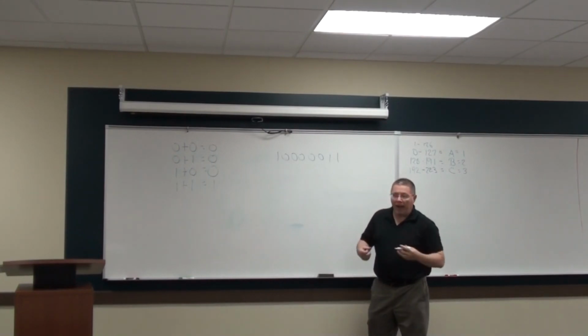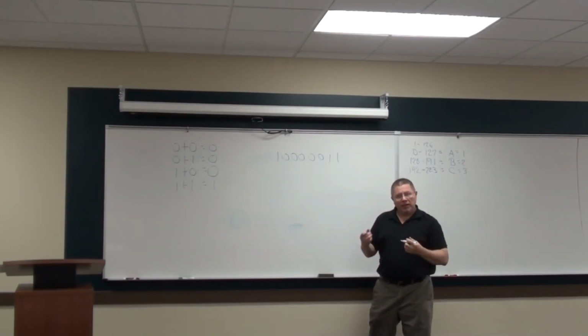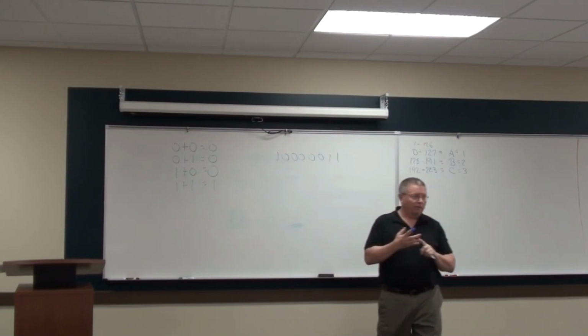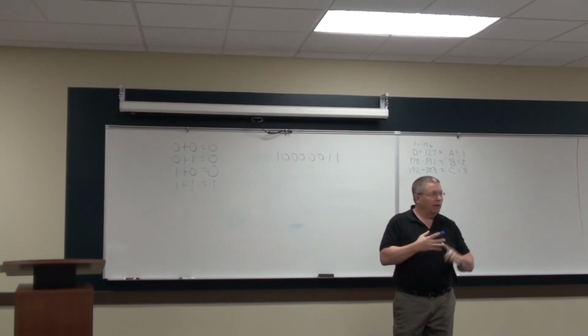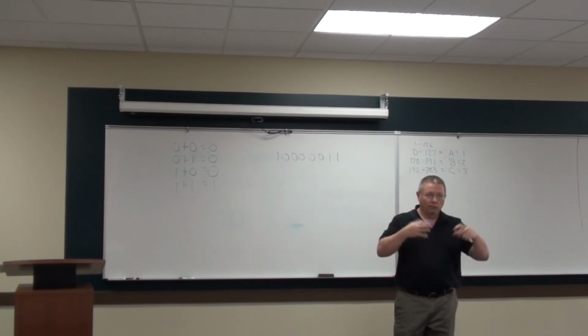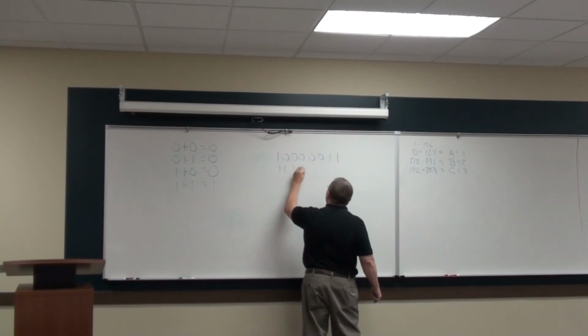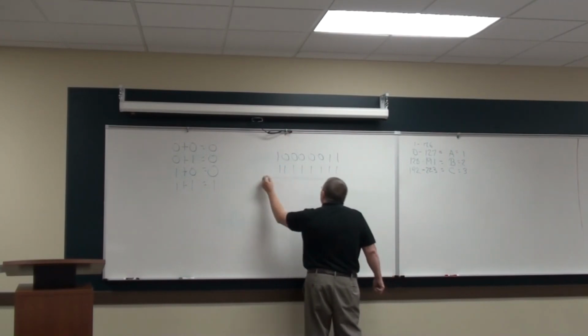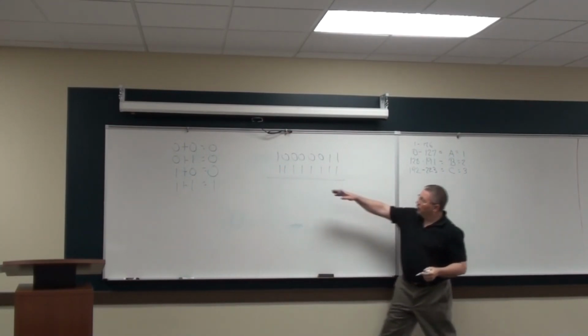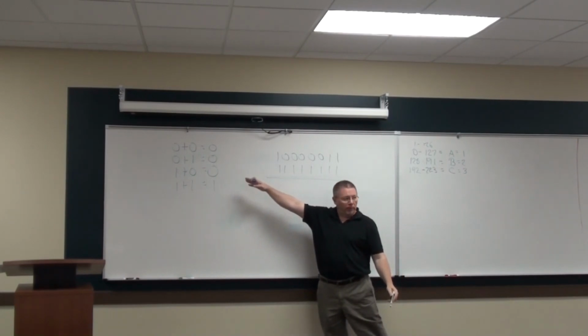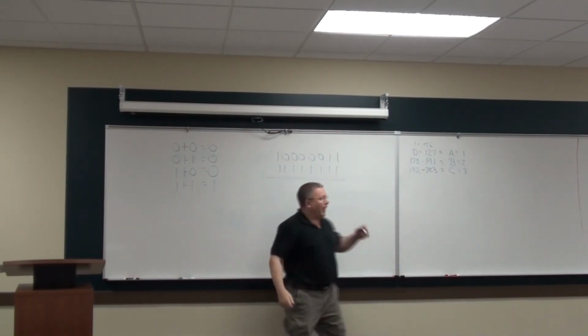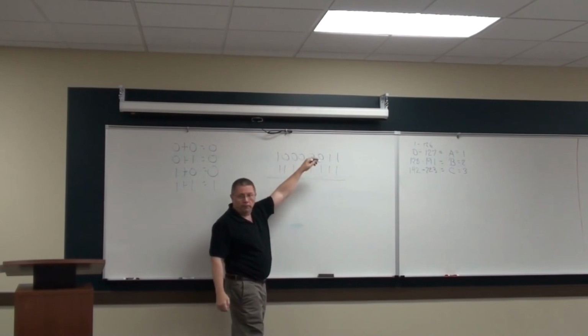And then we'll write our mask that we're going to use. And the mask we're going to use right now is either 255 or 0. Right? 255, as you already know, is all 1s. 0 is all 0s. So let's take the 255 and write it in binary. Shouldn't be very hard. And then we're going to perform this binary AND operation on each bit as they're lined up vertically here.